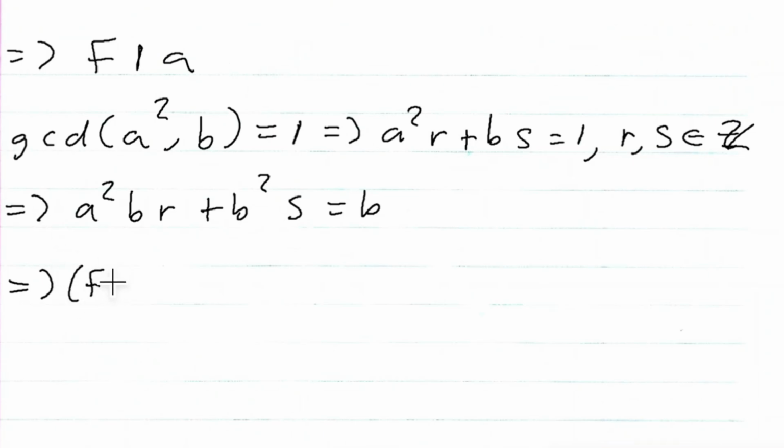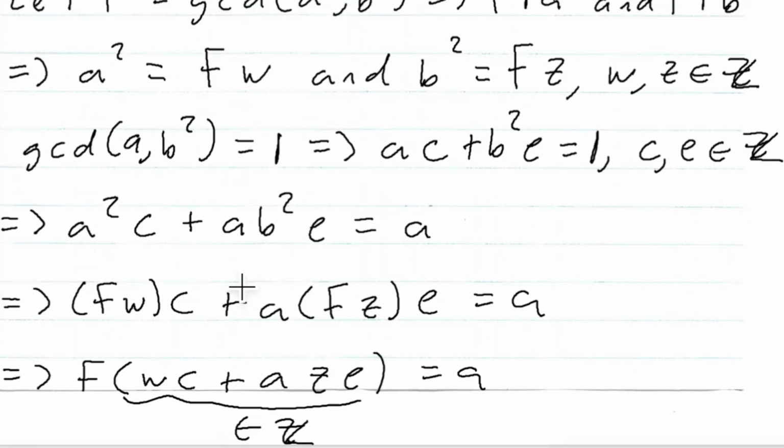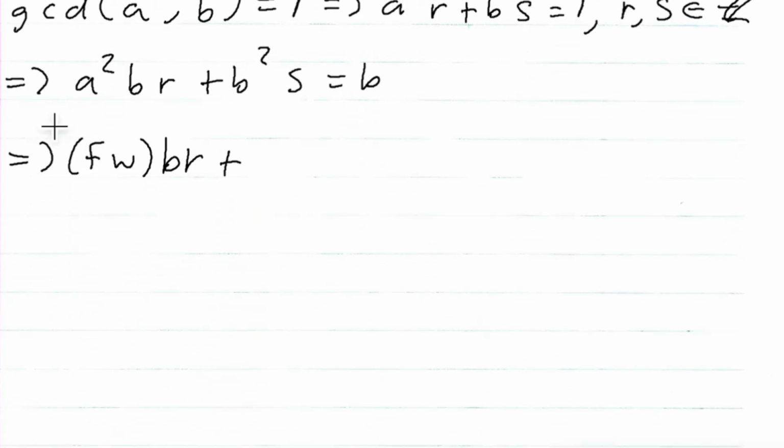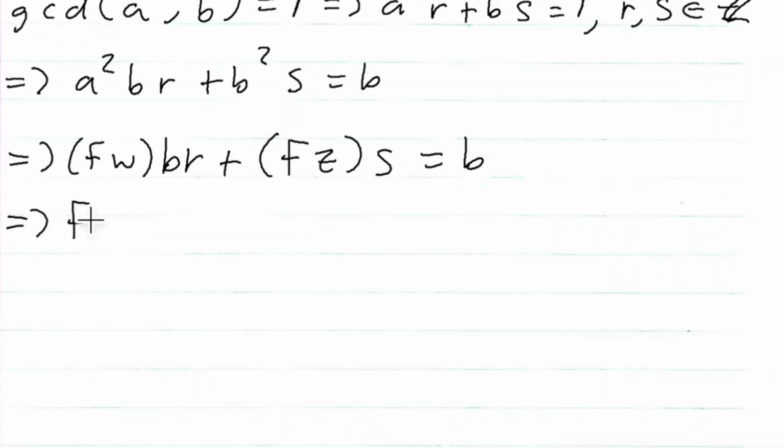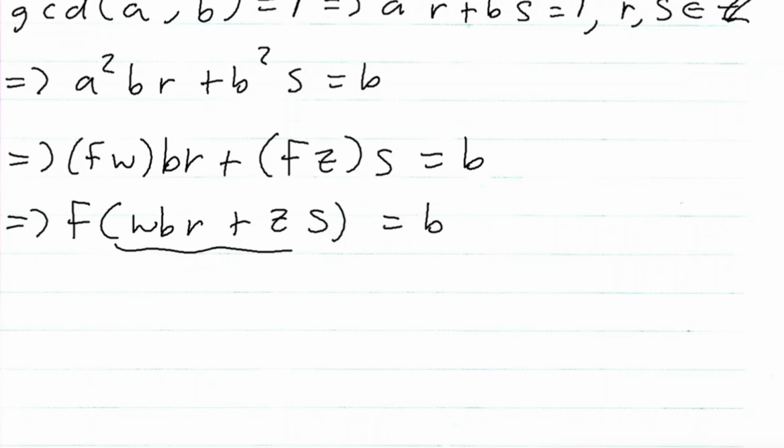So fwbr plus, and I know b squared is fz. So fzs is equal to b. I can factor out that f. f times wbr plus zs equals b. I have f times an integer is equal to b, so this means f divides b.